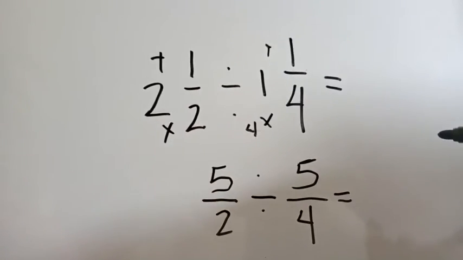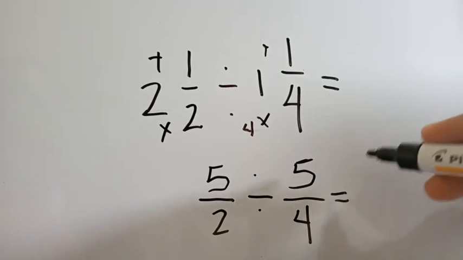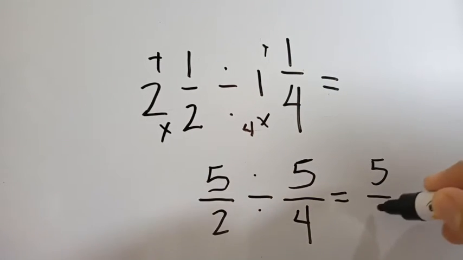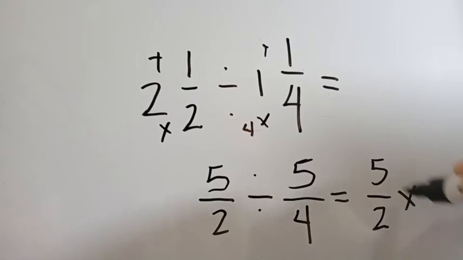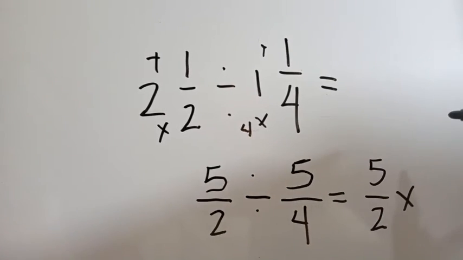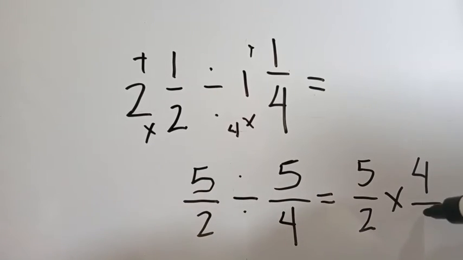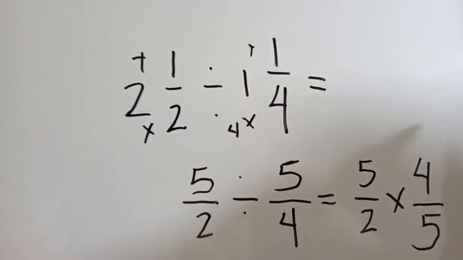So, what are we going to do? We just copy the dividend. So, we have 5/2 multiplied by, babaligtarin natin, gagawin natin yung reciprocal, so we have 4 over 5. Ayan po guys.